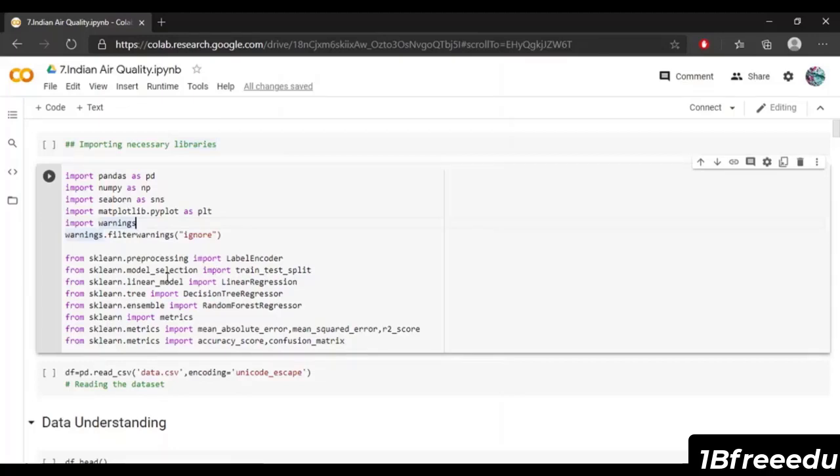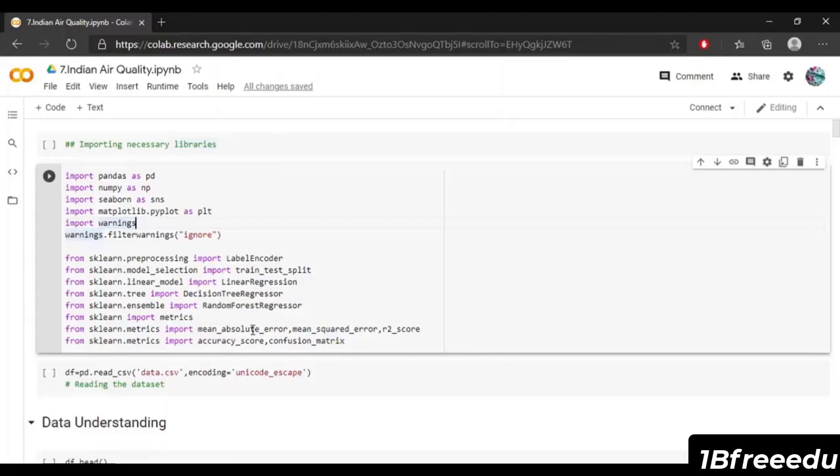After that, we have imported machine learning models. We have imported linear regression, then we have imported decision tree regressor, and then we have imported a random forest regressor. These are all the machine learning models that we are going to use in order to find out how our machine learning performs. And these models can be compared based on performance.